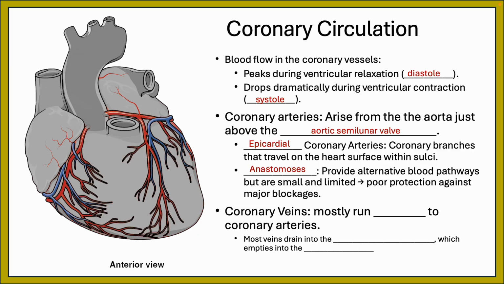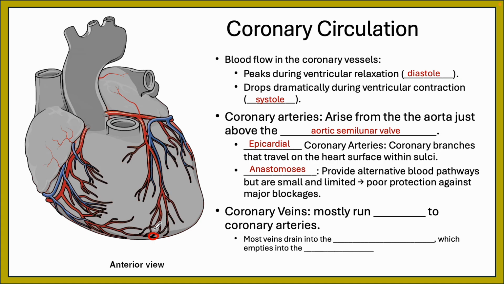Now, there will be some places where anastomoses form, like this region right here, where the blood vessels combine, and that provides alternative blood ways. But these are limited and therefore do not provide major protection against blockages. Therefore, a blockage is going to be very dangerous to the heart because without blood, the heart muscles will die.